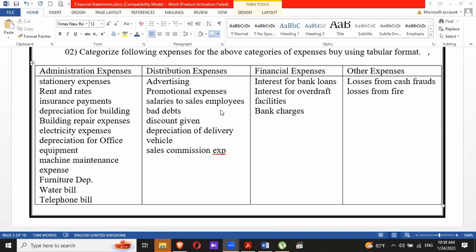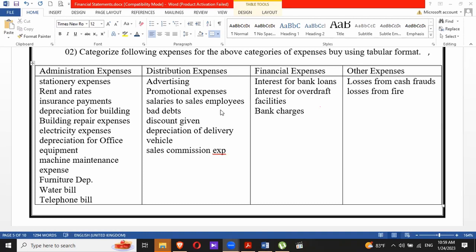Financial expenses, I told you, there is a very easy method to identify them: the expenses which are related to bank loan and bank current account. Interest for bank loan, interest for overdraft facilities and bank charges, right? Then other expenses: when there are some expenses we can't classify directly to administration, distribution and financial, we can classify them under other.